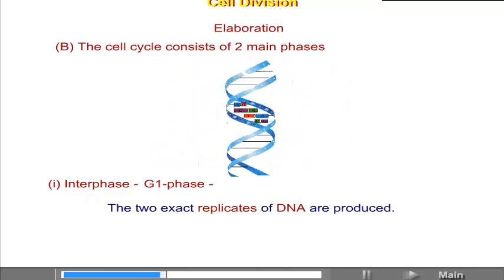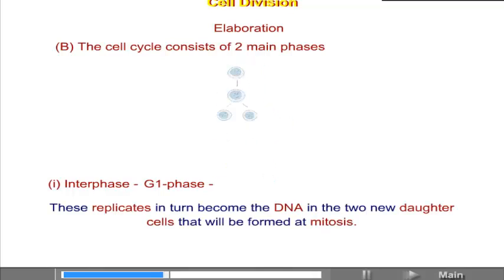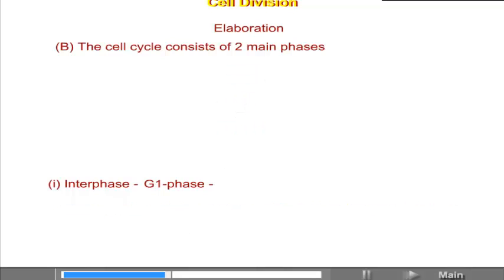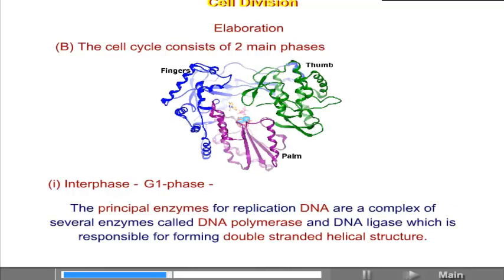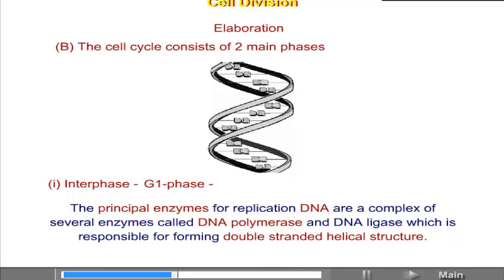The two exact replicates of DNA are produced. These replicates in turn become the DNA in the two new daughter cells that will be formed at mitosis. The principal enzymes for replicating DNA are a complex of several enzymes called DNA polymerase and DNA ligase, which is responsible for forming double-stranded helical structure.